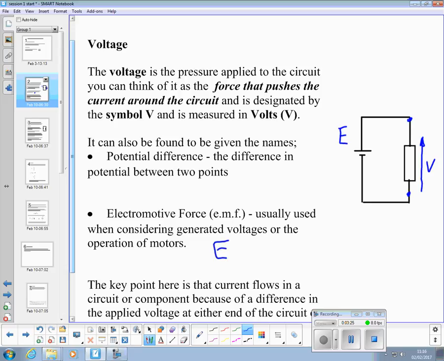All measured in volts, but different terms. Don't blame me, I didn't make them up, and I will switch around between them because you're going to see different terms in books. One book will talk about voltage, V for the battery, and other books will have E for sources. So you need to get used to that.